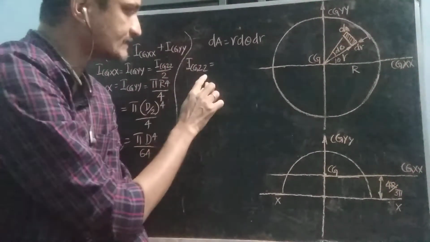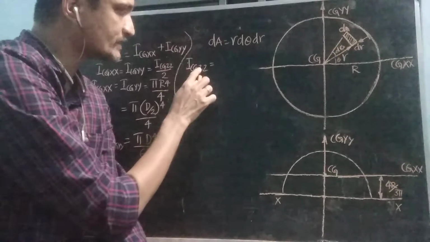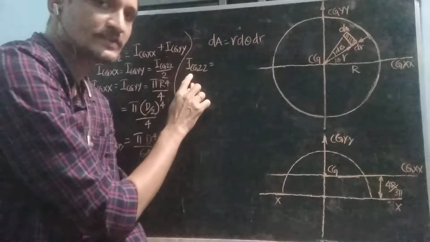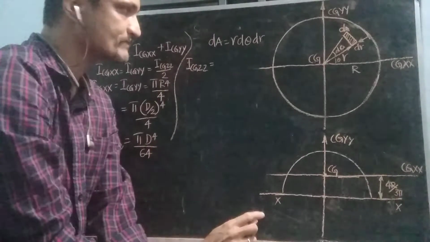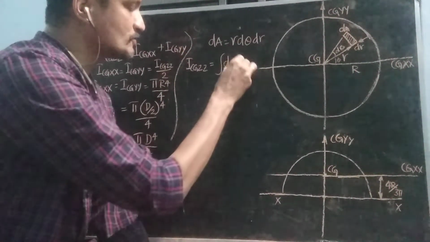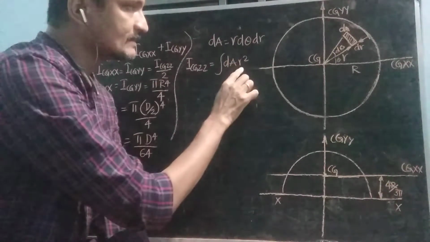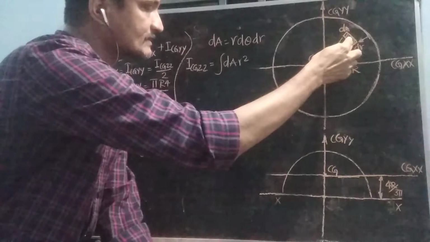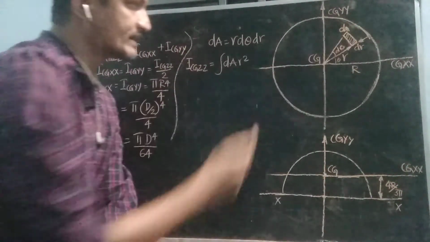ICGZZ means moment of inertia of the area about a z axis which is passing through CG. Then ICGZZ is equal to integral dA into r square, because that r is the perpendicular distance between that z axis and this infinitely small area dA.